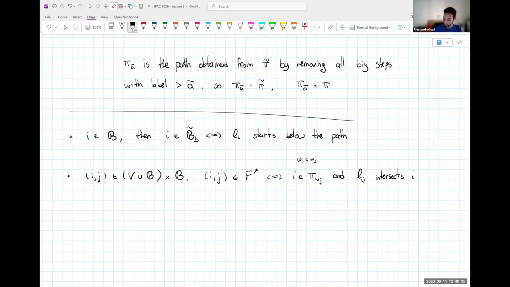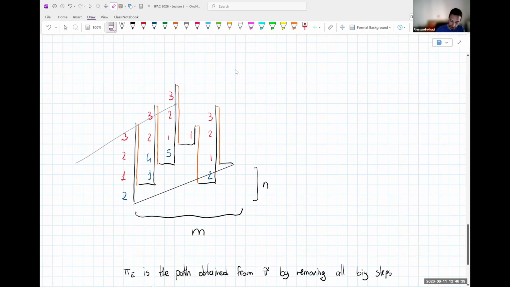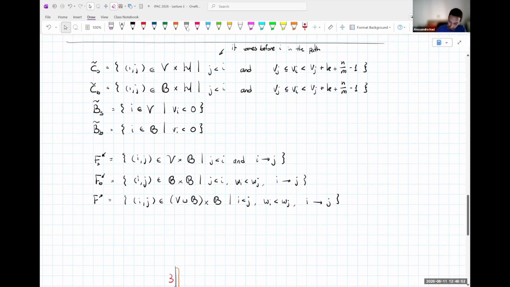So why is that? What does it mean for L_j to intersect i? Now we need a decent example. I hope I have one. Maybe I don't, but what's the attack relation? What does it mean for i to attack j, knowing that i is less than j?